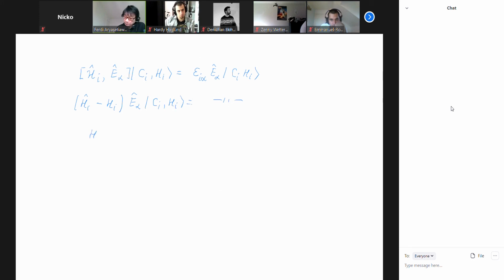So then the Hi is equal to Hi plus, like this. So we say that the state is the eigenstate of Hi, but with an increased eigenvalue epsilon I alpha. So that's exactly what we mean by the ladder operator.